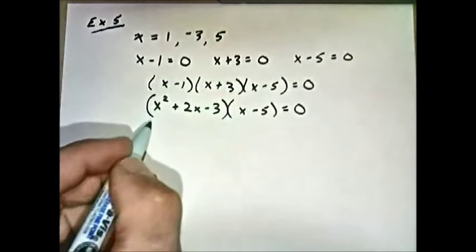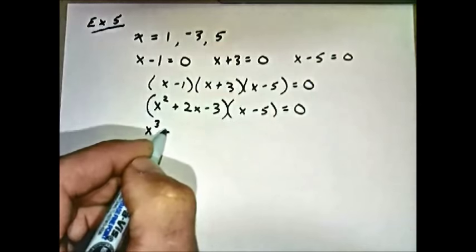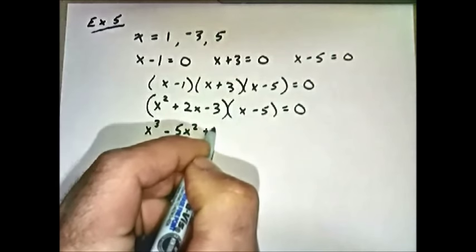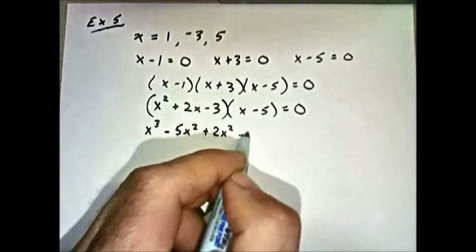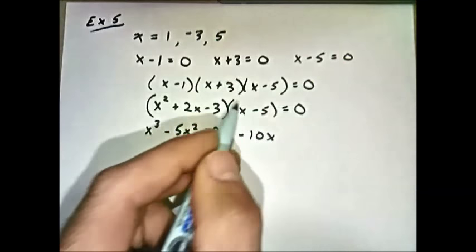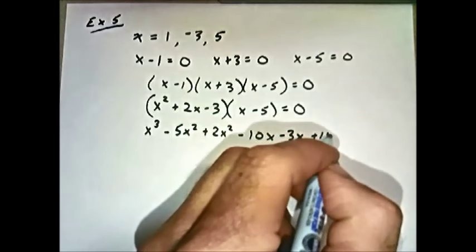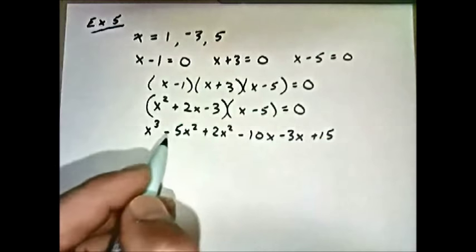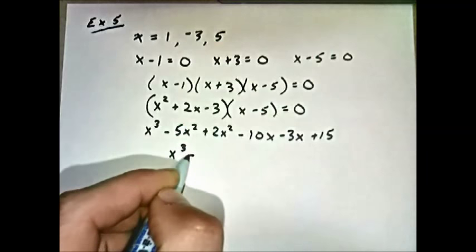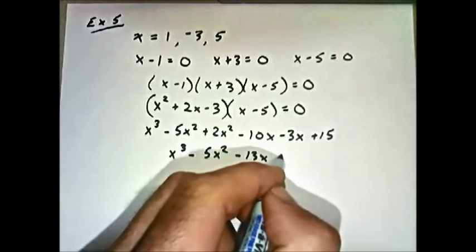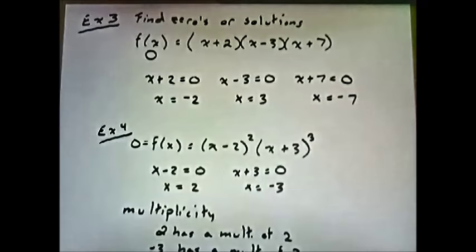Multiplying x squared through, we get x to the third minus 5x squared. Multiplying 2x through, we get plus 2x squared minus 10x, and multiplying a negative 3 through, we get negative 3x plus 15. Combining like terms, we get x to the third minus 5x squared minus 13x plus 15.